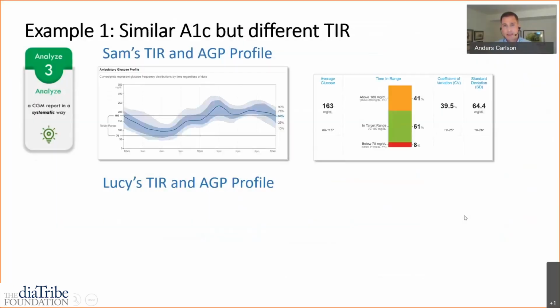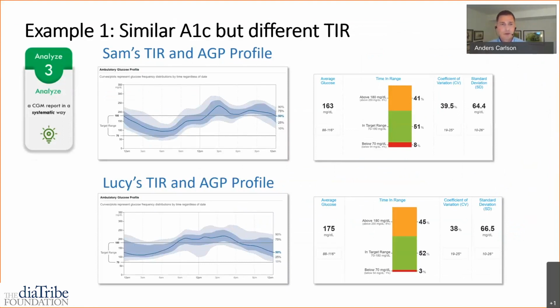And so if you line them up together, you can see that what we did for Sam was to reduce his background insulin and then increase his mealtime insulins. Whereas for Lucy, we left her background insulin alone, increased her breakfast and lunch dose, and then we turned down her dinner dose a little bit just because she seemed to be dropping quite a bit after dinner.